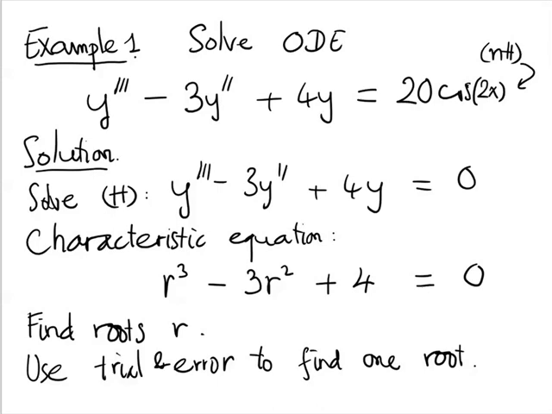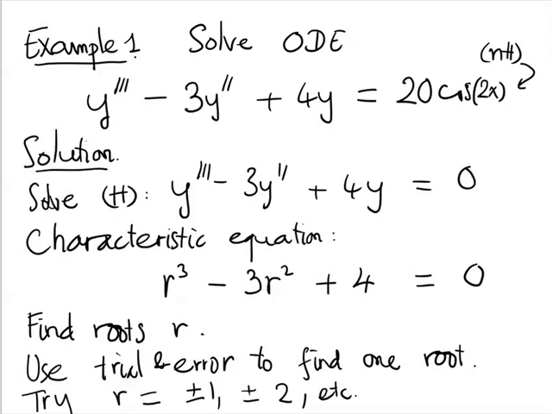So you can just try whether r equals plus or minus 1, plus or minus 2, plus or minus 3 to see which one is a root. So try this: plus or minus 1, minus 2, etc. You don't need to check these in that order.